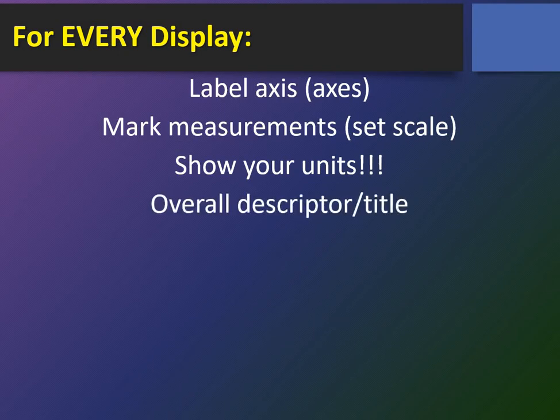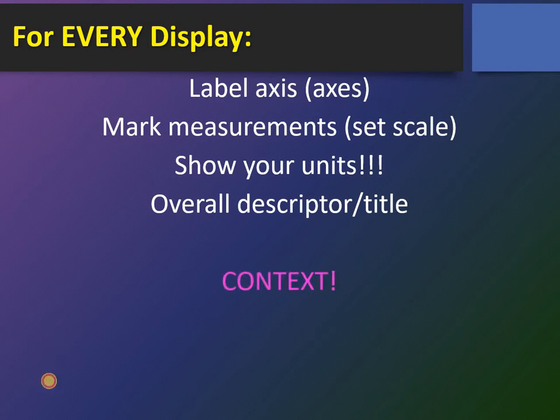Now, the title itself is like using some of your W's. Who is being studied? Who are your experimental units? What are you recording? If you have numbers, because we're going to talk about the difference between sampling from a small group versus the distribution of an entire population, if you have a sample, you need to include that sample size.